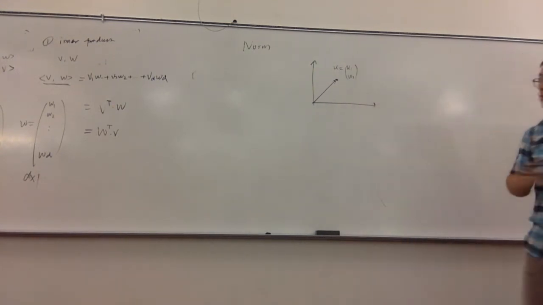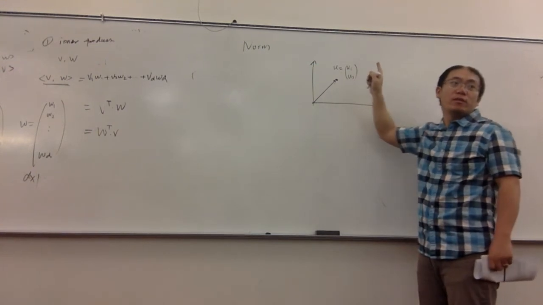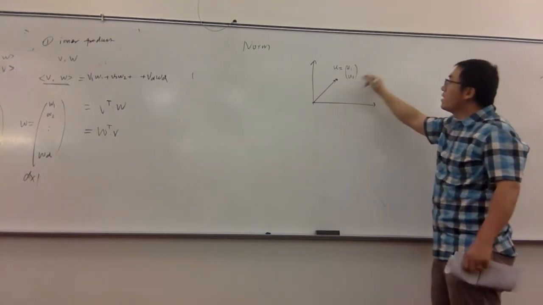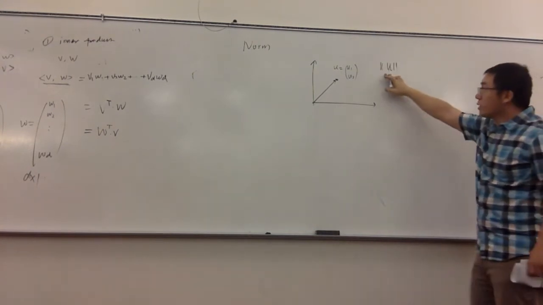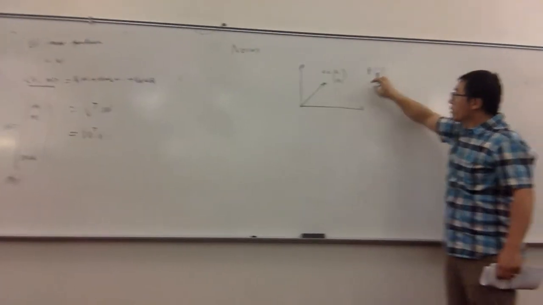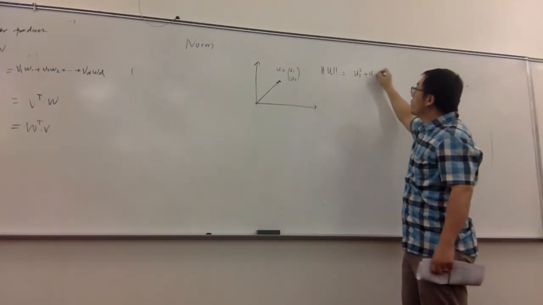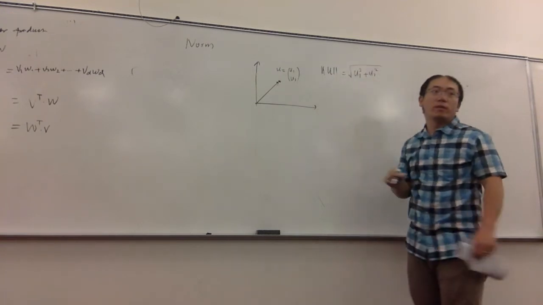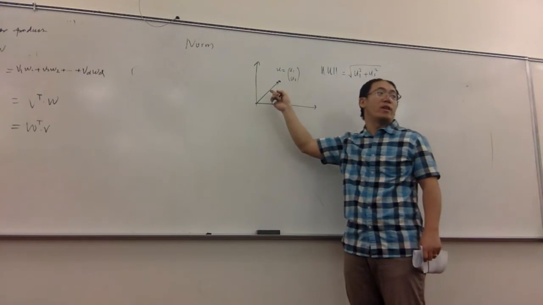Yeah, you take the square sum of u1, u2, and take the square root. So the length of u, here I use double vertical lines to represent the length, is u1 squared plus u2 squared, and then take a square root. No problem with this, right?